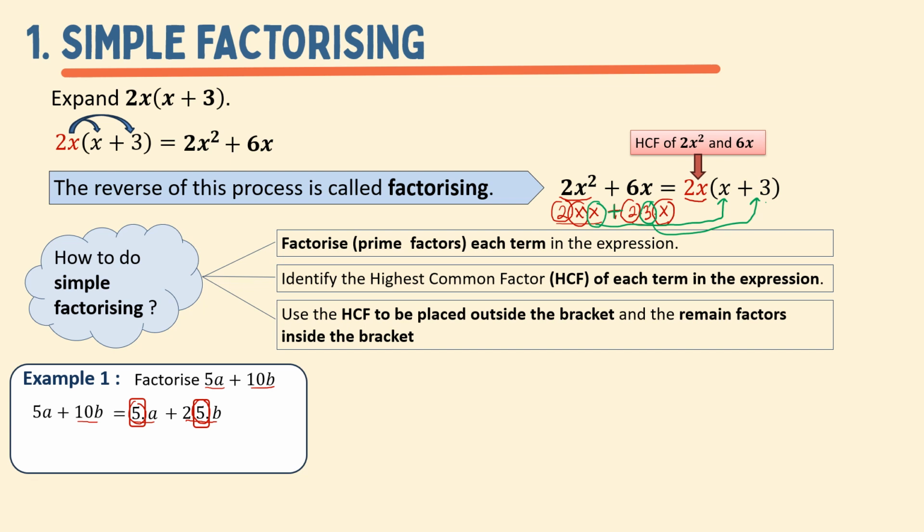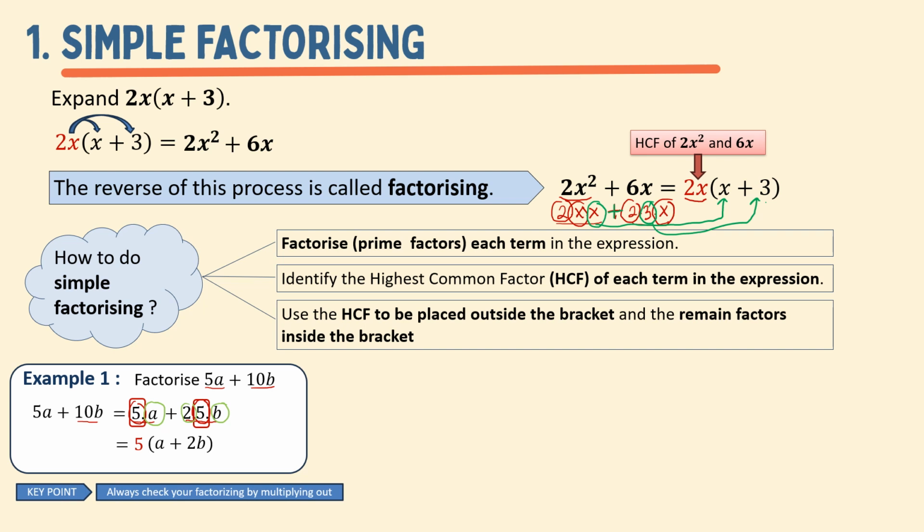So 5 is the HCF of 5a and 10b. So just write down 5 in front of the bracket. And what's inside the bracket? Inside the bracket are a plus 2b. Just like this. So you have just factorized 5a plus 10b into 5 multiplied by, inside the bracket, a plus 2b.